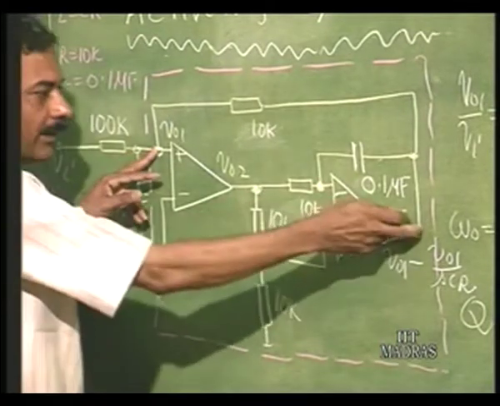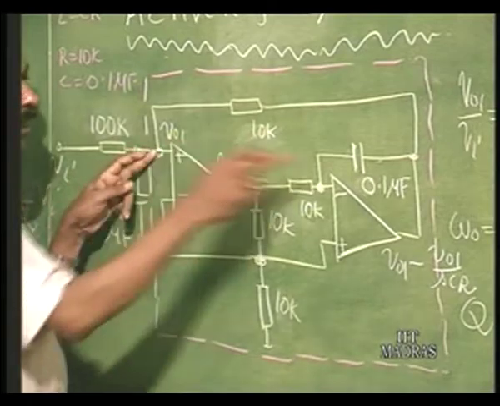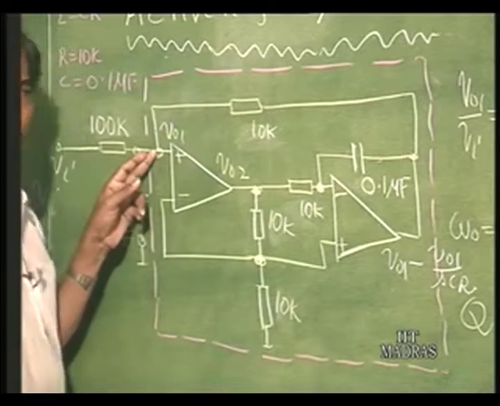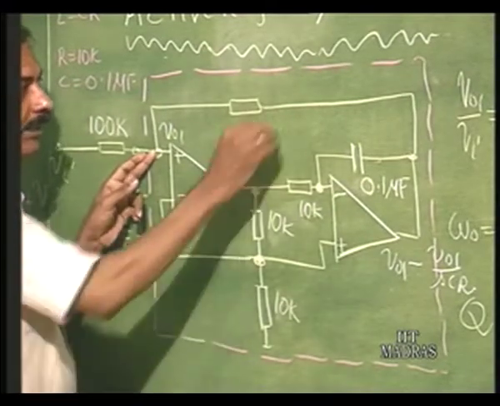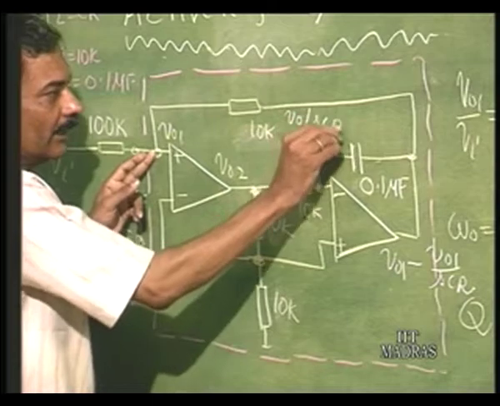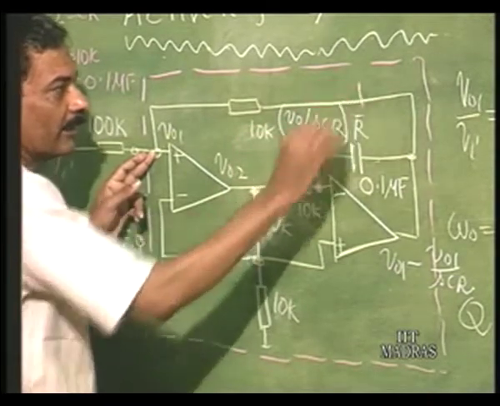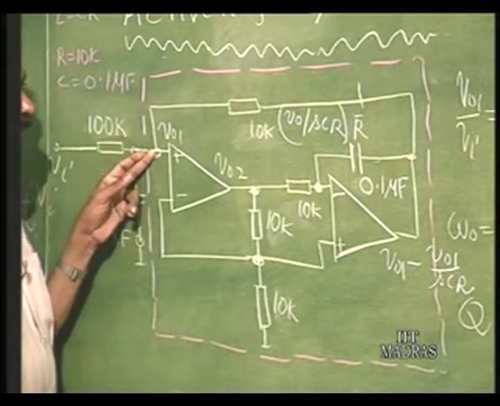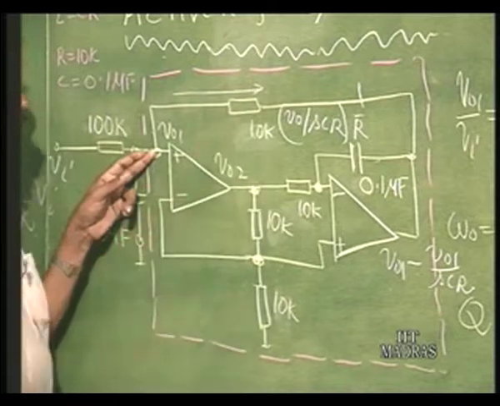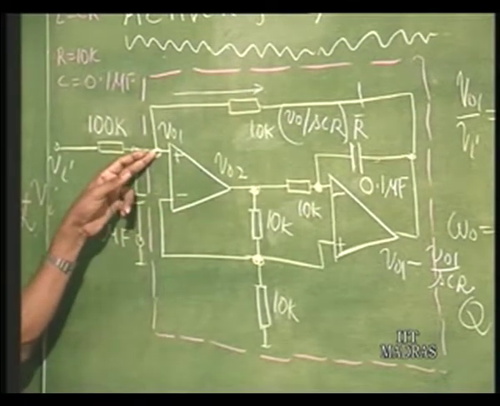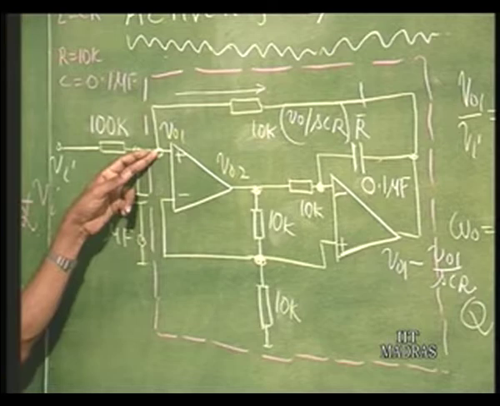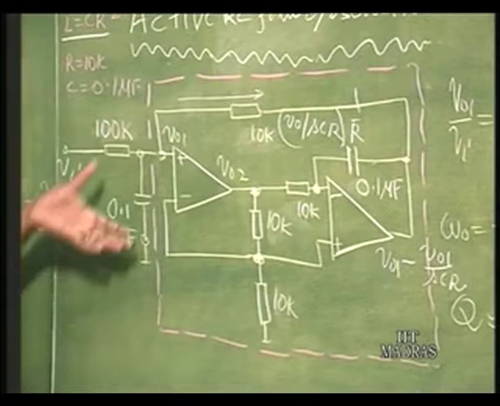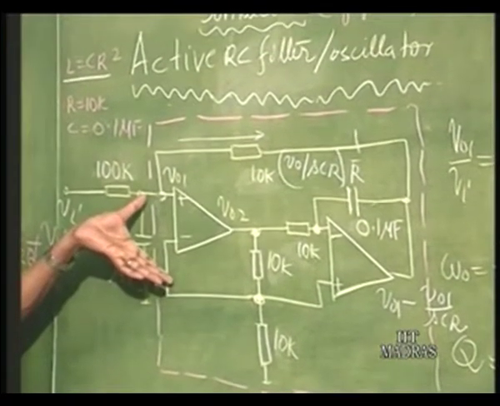From here to here, therefore, the voltage is going to be V naught 1 by SCR, and this divided by R will give you a current of V naught 1 by SCR squared, which means the current is determined by an SCR squared impedance, which is nothing but an inductor L equal to CR squared. So, this simulates an inductor L equal to CR squared.